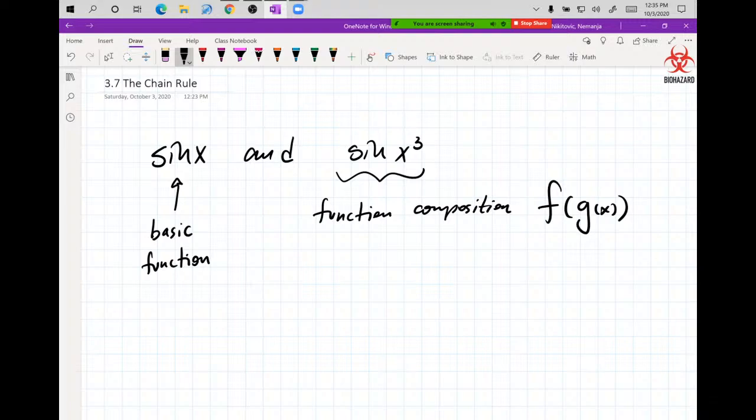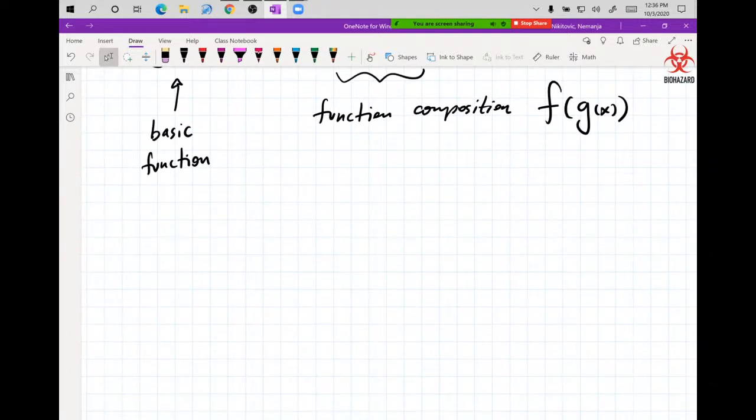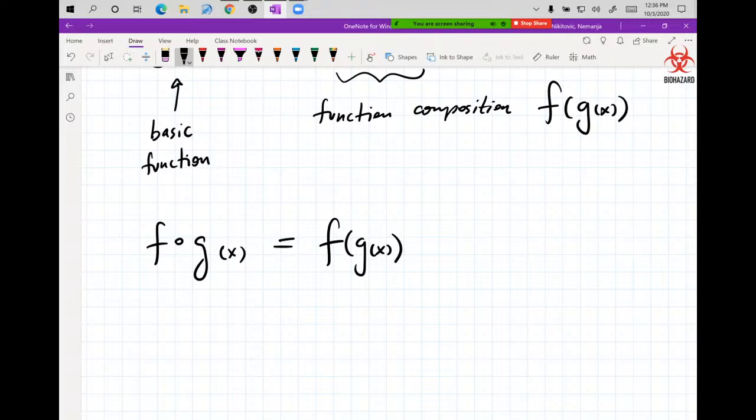But now you actually have to use this. And because you have to use it, we're going to have what I would call the final review of the function composition. So f composed with g of x is also known as f of g of x.